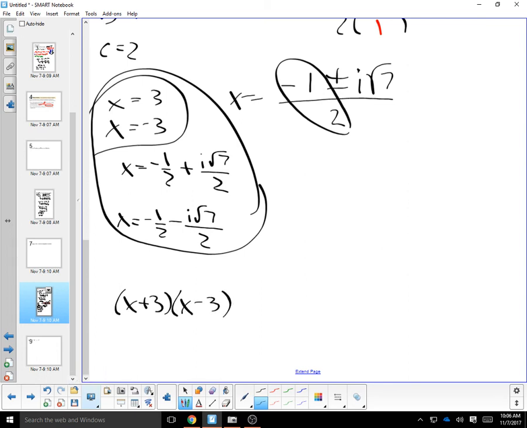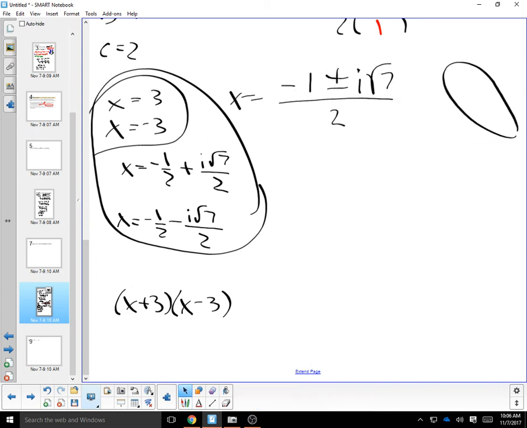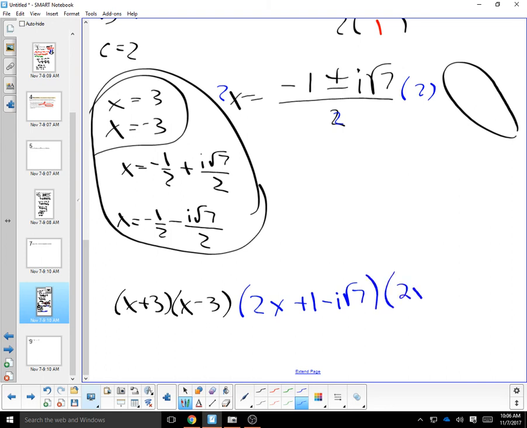Okay? For the other one, though, I like this form the way it is here. Because what's the opposite of dividing by 2? Multiplying by 2, right? So that means that I'm going to get one of the factors be 2x, plus 1, and then minus i radical 7. And the other one will be 2x plus 1 plus i radical 7. And there they are.